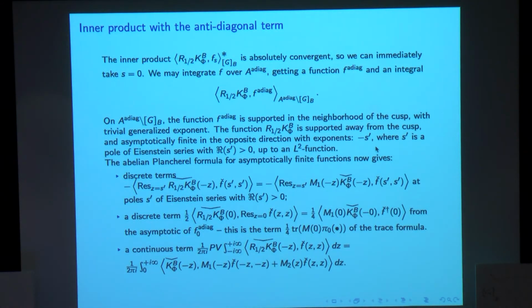So from this point of view, the reason why this term shows up is that you end up having to integrate a function which in this direction has a certain eigencharacter asymptotically, with a function which in this direction has a certain eigencharacter asymptotically.